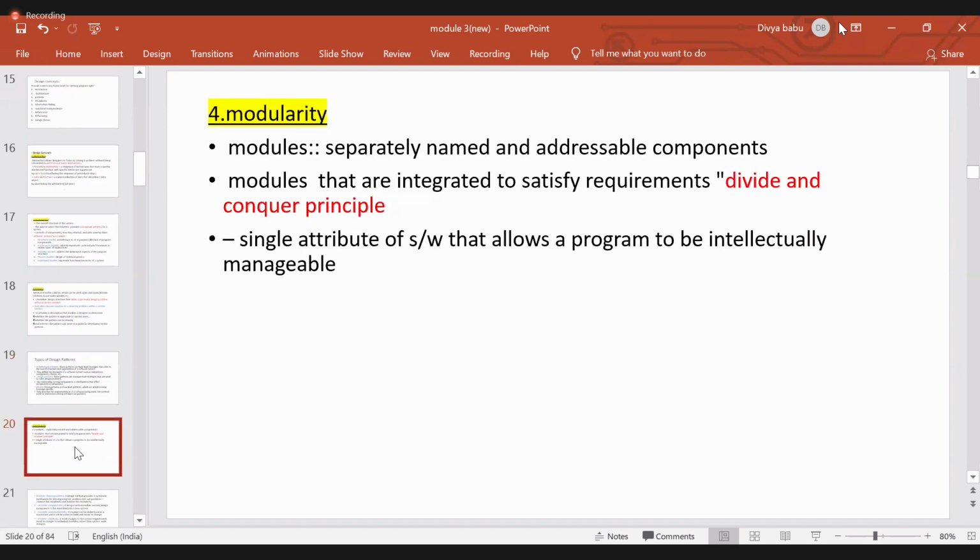Then next is modularity. I already told you the main principle of modularity is divide and conquer. We apply this divide and conquer rule not only in software but everywhere. The British ruled India applying this principle, right?